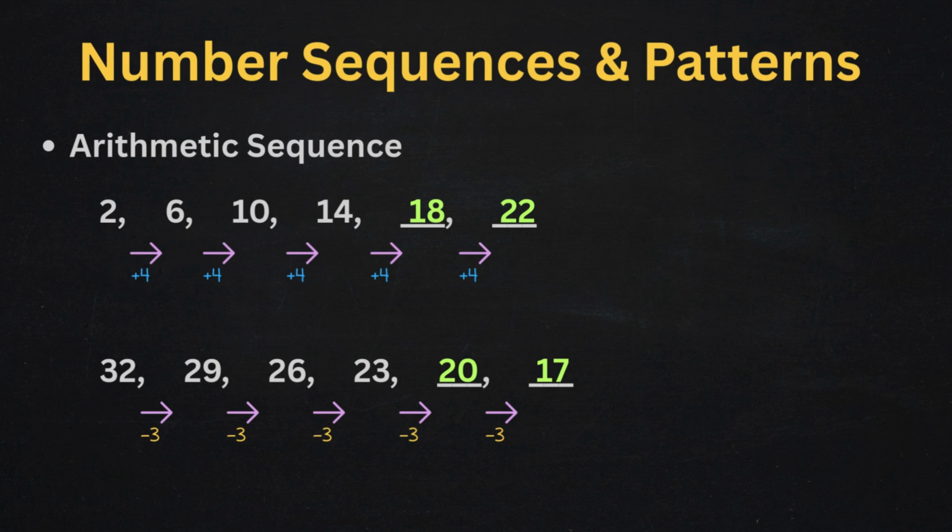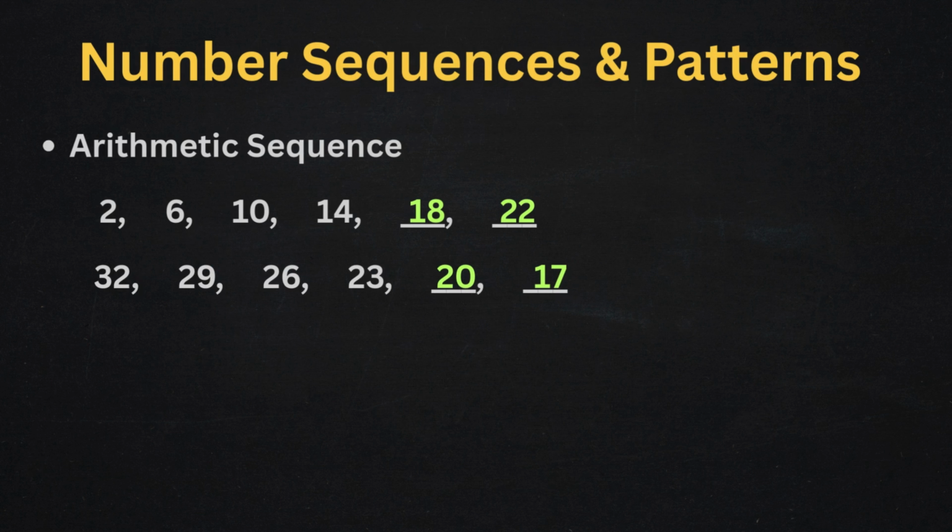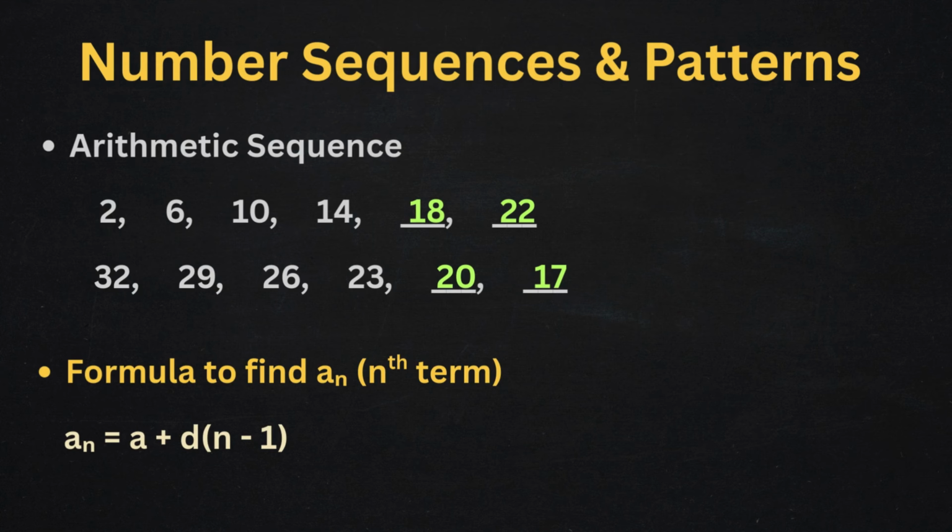Till now, we have seen two arithmetic sequences in which we found out the fifth and sixth terms by adding or subtracting the fixed number in the sequence. However, if someone tells you to find the nth term, then we have a formula for an arithmetic sequence nth term.